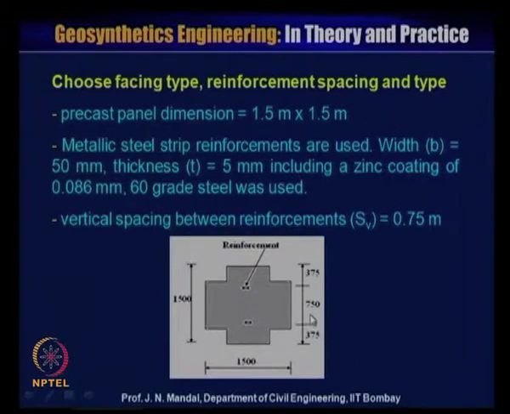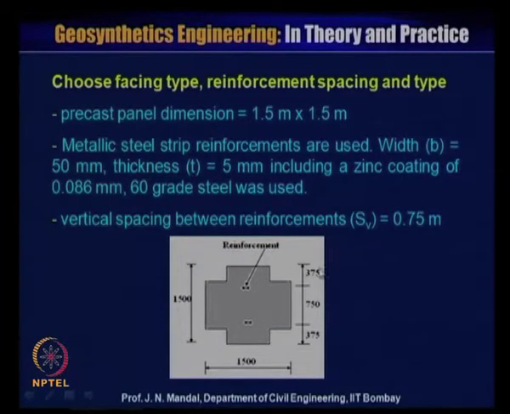So, you can see this is one facing element in cruciform shape, and this is 1.5, and this is also 1.5 meter, and this reinforcement is connected with this facing element here, and this spacing is 0.75. So, this vertical spacing SV is 0.75. Then you have to place another panel here.